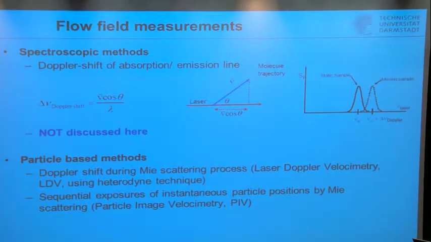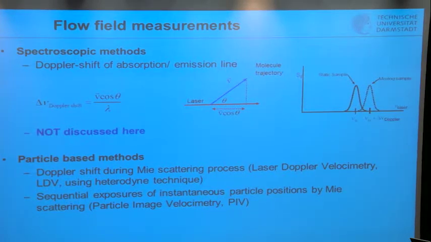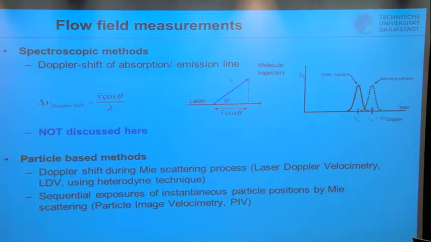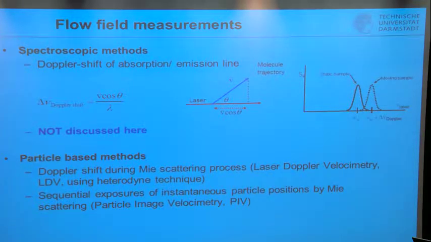So if you go for combustion devices where you have a clear direction of flow, and you're heading towards supersonic combustion, that might be a good choice. Yeah, it's doable. Some people have done that in the 90s, and I don't know any group doing that anymore at the moment, but in principle it's doable.